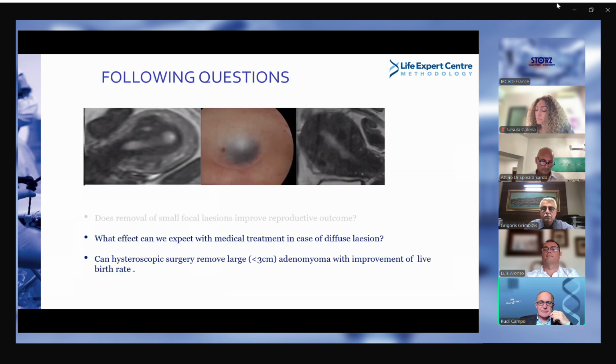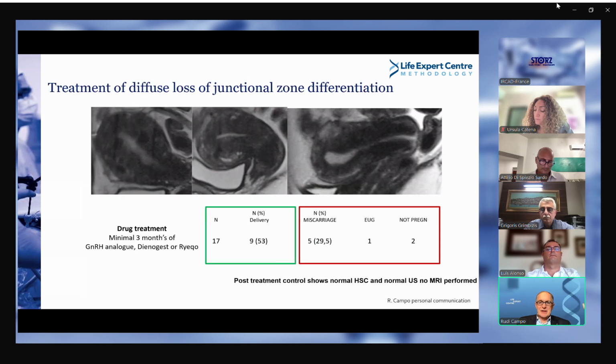Second question, medical treatment. Obviously, if everything is black, if you have no reference in hysteroscopy or ultrasound to remove, you have no chance. So those patients received 3 months of GnRH analog, dienogest, and today they also get re-echo.